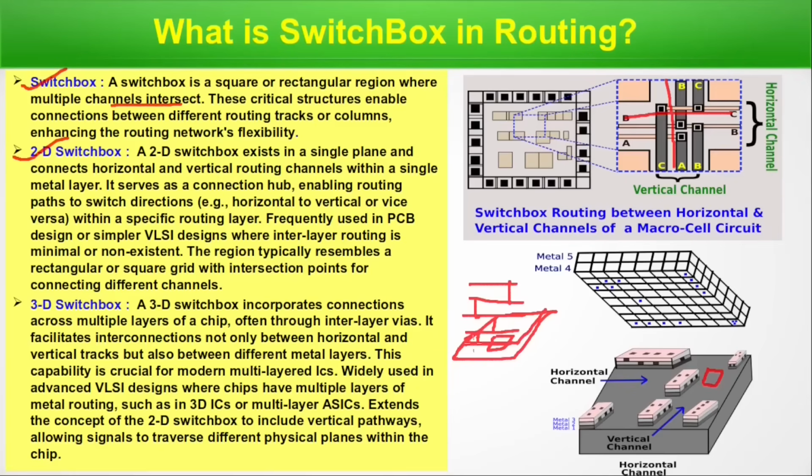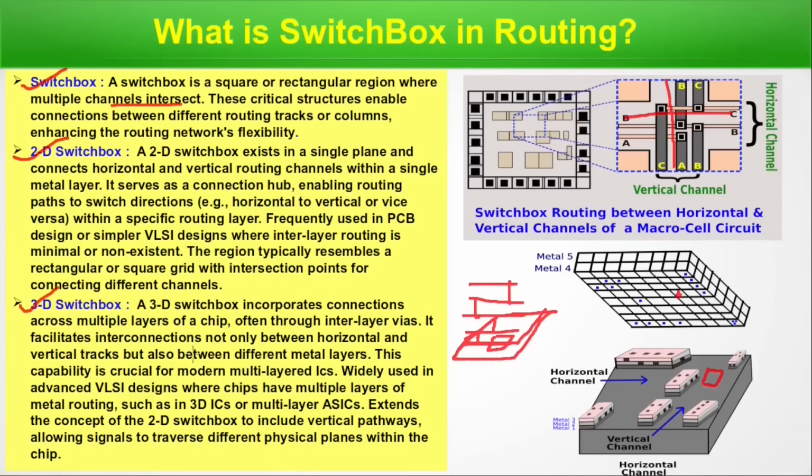A 3D switchbox incorporates connection across multiple layers of a chip, often through interlayer vias. It facilitates interconnections not only between horizontal and vertical tracks but also between different metal layers. This capability is crucial for modern multi-layered ICs. This is shown as a 3D structure, metal 5, metal 4. So here we consider it a 3D switchbox.